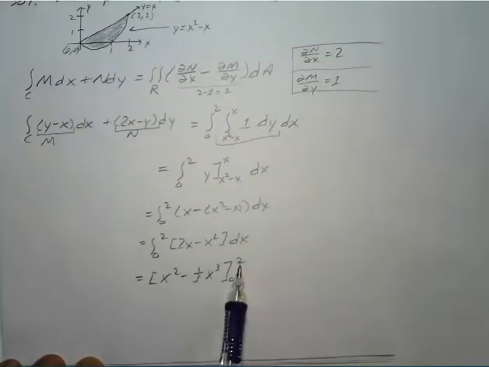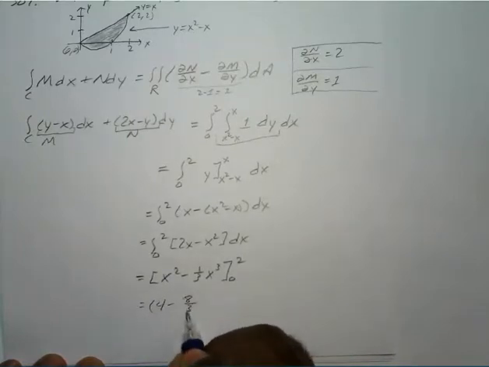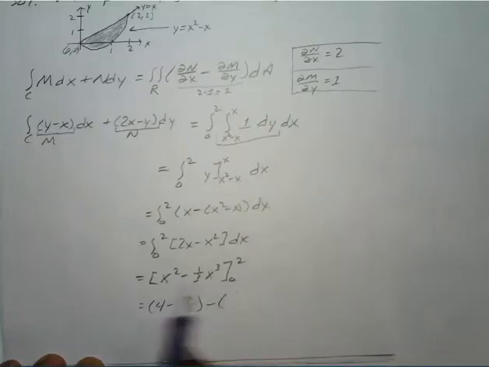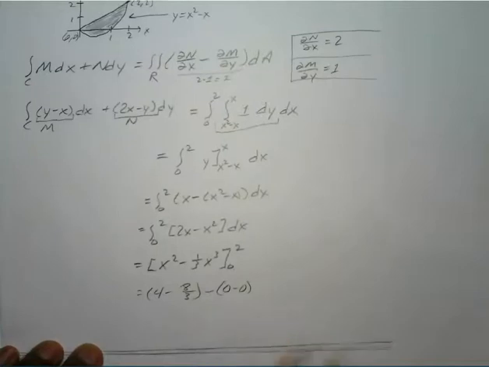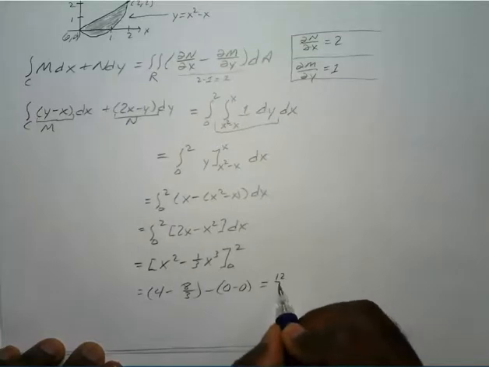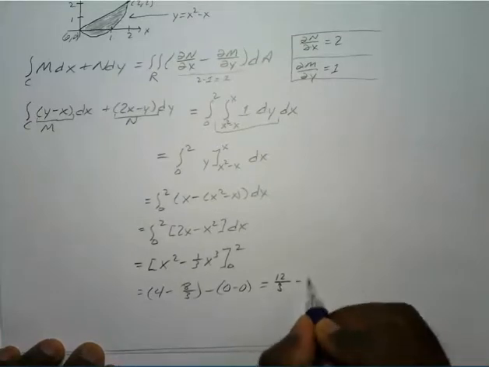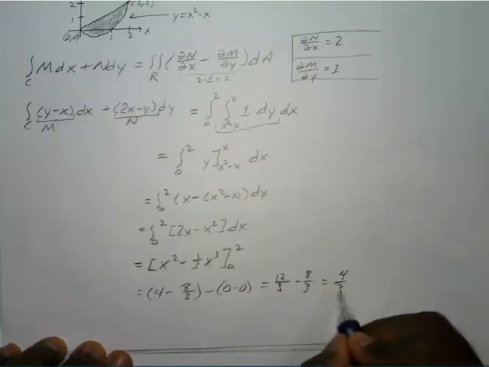If we plug in our 2, we end up with 4 minus 8 over 3 minus, so we plug in the zeros, of course we get 0. If we solve this, we can make that 12 over 3 minus 8 over 3, which will give us our answer of 4 over 3.